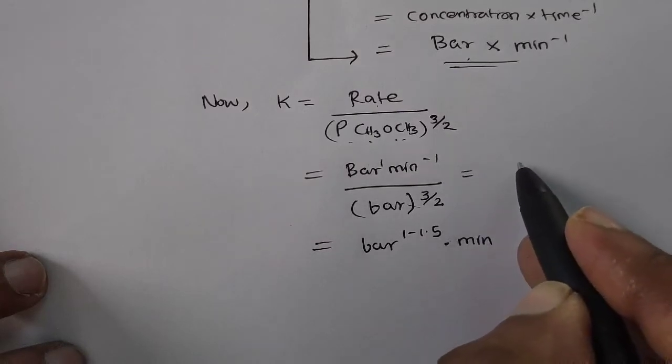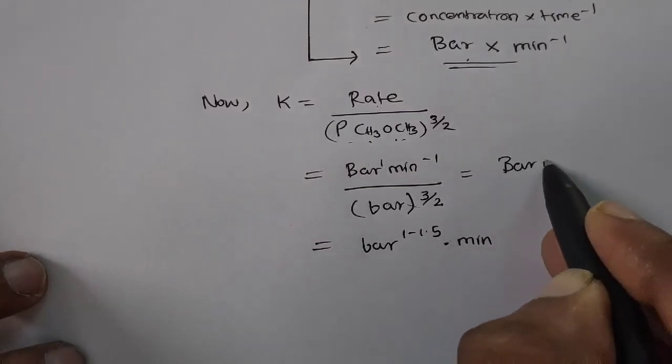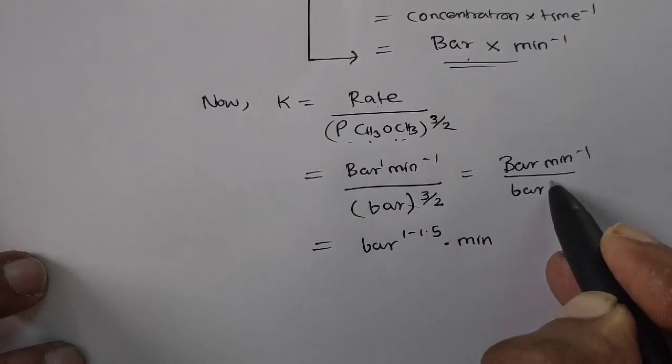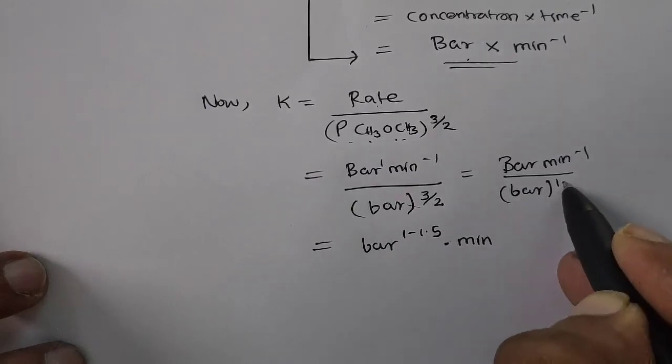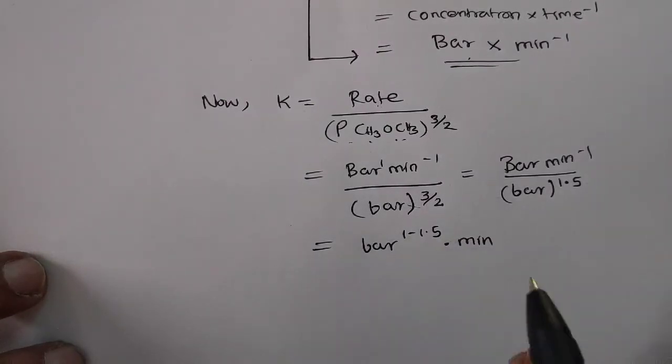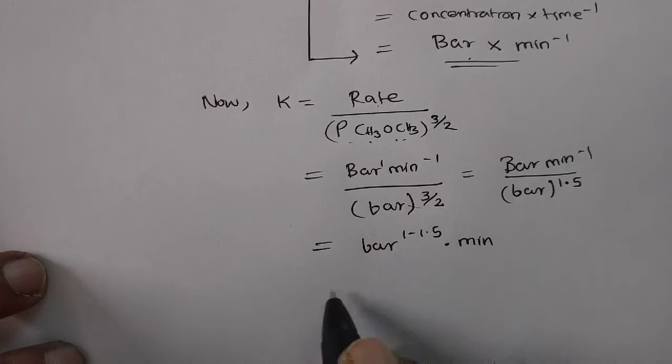So you can see bar minute inverse upon bar raised to 1.5, like this I have. Okay, so this I'll take on the top, it will be the negative part of this inverse.